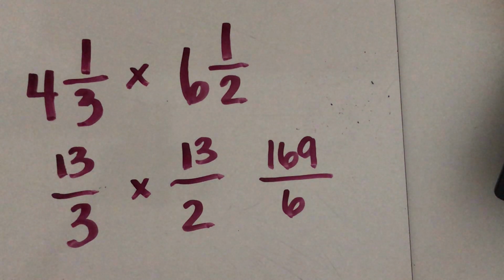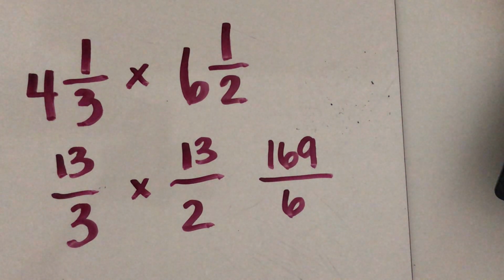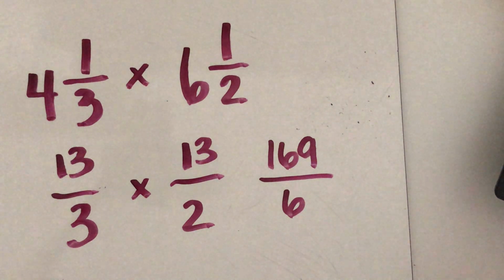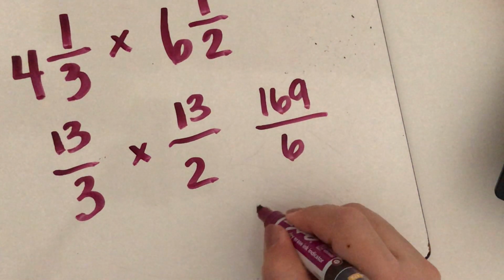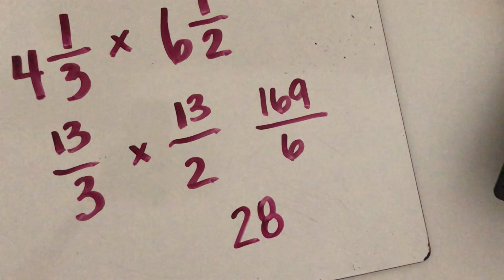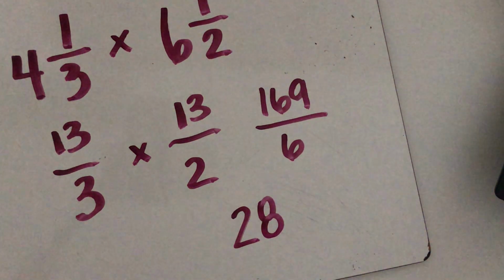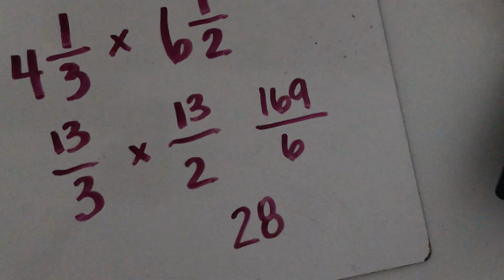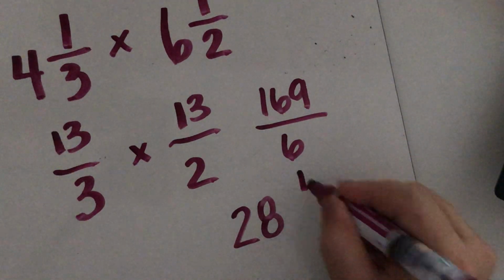So I'm going to do 169. I'm going to divide that by 6. So that gives me 28 whole pieces. Now, how many do I have left over? That means I have 1 left over.